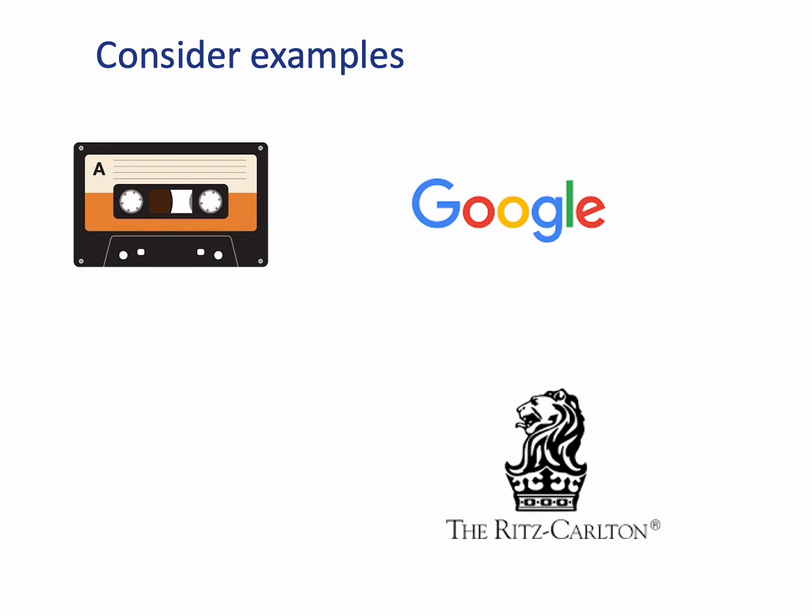Now, you may think about something like the Ritz-Carlton Hotel. Who do they compete with? You can say that they're competing on a more direct level with other fine hotels, such as Four Seasons. However, they have lots of indirect competitors, where they might be competing with cheaper hotels.